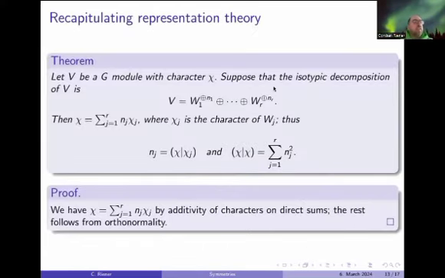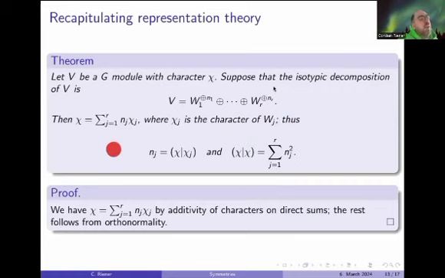Okay, let's see what I can use these characters for. So this is really maybe the interesting stuff. Assume I have a representation V, which is not necessarily irreducible, but which decomposes in this isotypic decomposition here. Then the associated character is nothing else than, if I think of this as matrices, my big matrix is made up of blocks that correspond to this direct sum here.